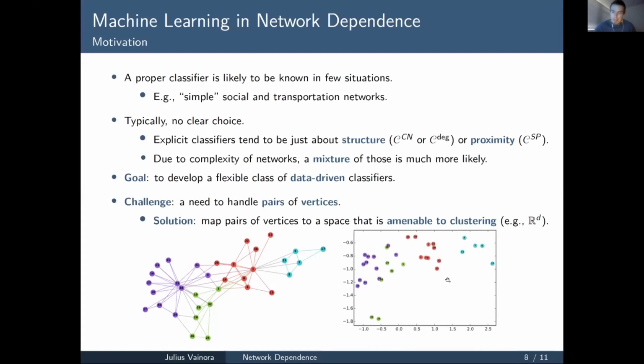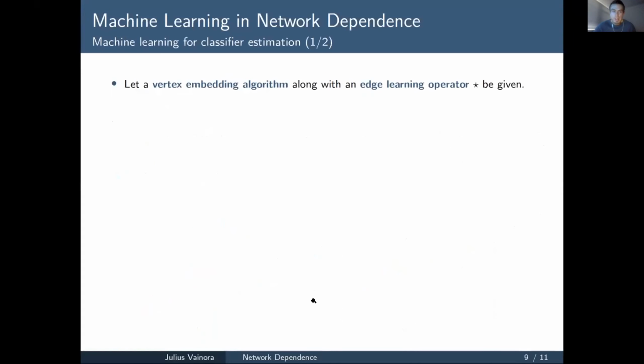In this case, the embedding is for vertices. I will be interested in pairs of vertices, but if our goal were to cluster pairs of vertices, you can see that they are clustered relatively nicely.